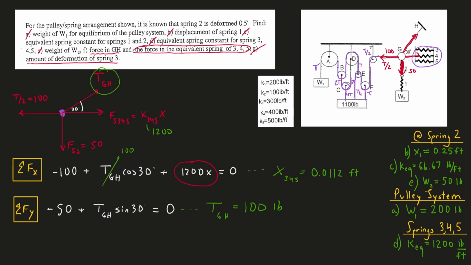It's the K, which is the 1,200, times the compression, the X, which is that 0.0112. Multiply those out, we get 13.4 pounds. And that is it.